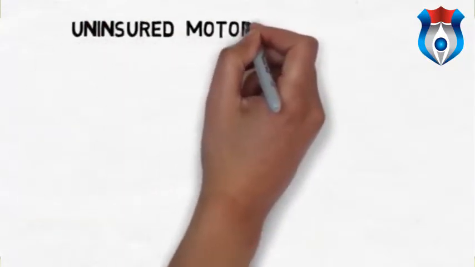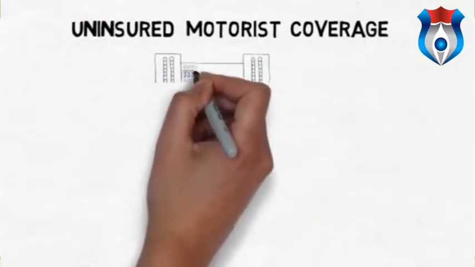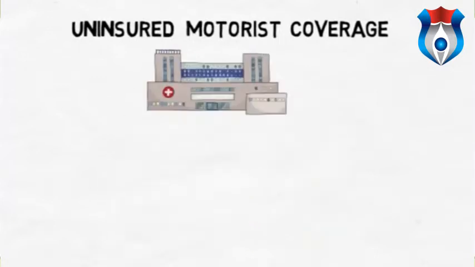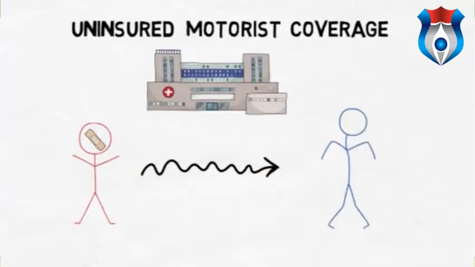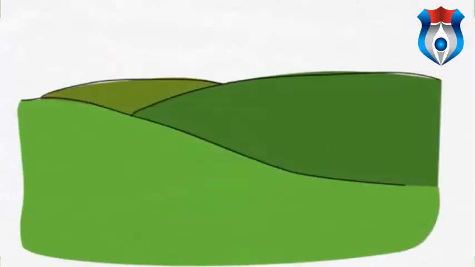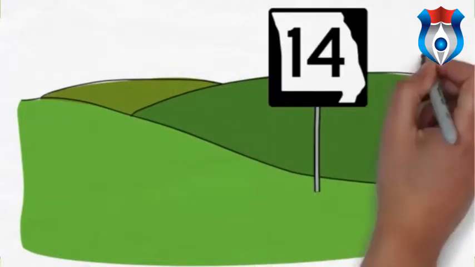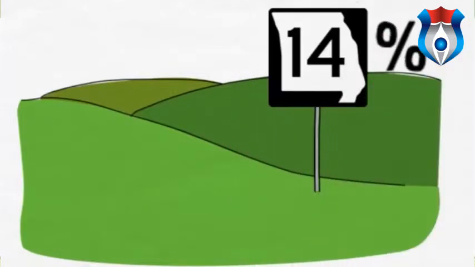The second type of insurance required by Missouri is uninsured motorist coverage. This coverage protects you and your passengers when you're injured in an accident with an uninsured driver. Although state law requires minimum coverage, did you know that about 14% of all Missouri drivers are uninsured?